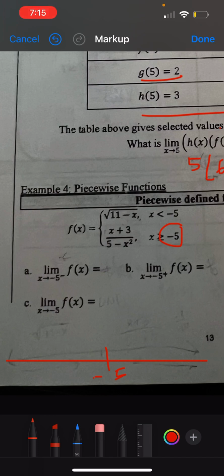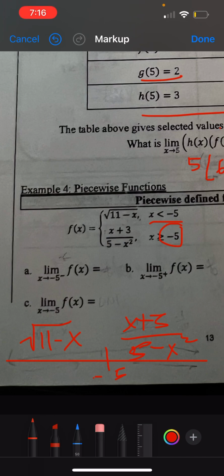And then this one, because it's less than, goes on this side. So this is the square root of 11 minus x. And then on this side, since it's greater than, is x plus 3 over 5 minus x squared, right?